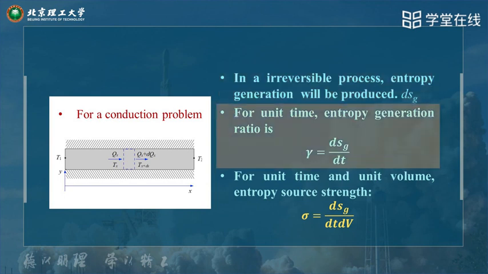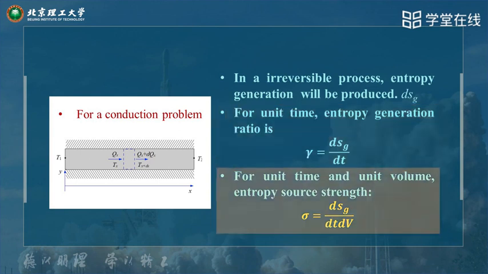For unit time, the entropy generation ratio gamma is ΔSg over dt, meaning the entropy generation produced per unit time. For unit time and unit volume, the entropy source strength is sigma, equal to ΔSg over dt per unit volume.